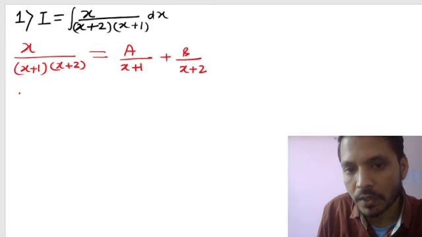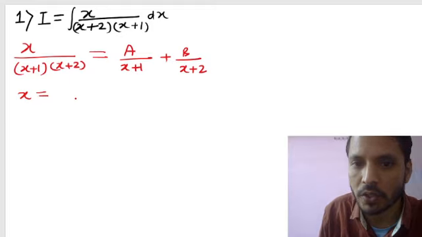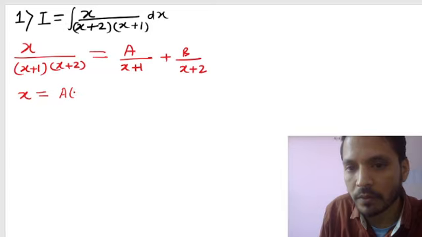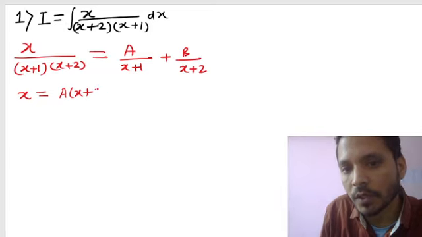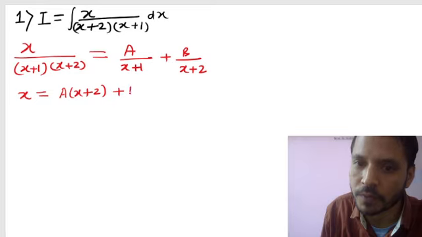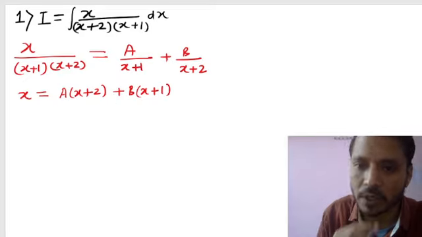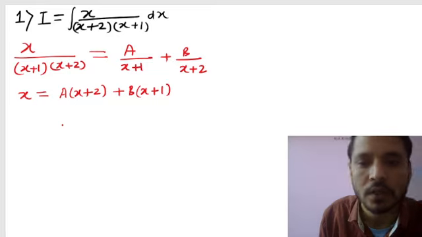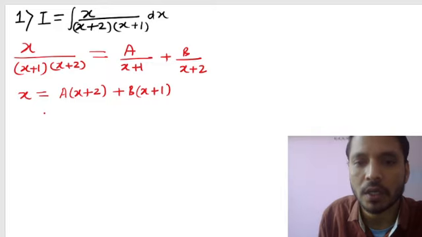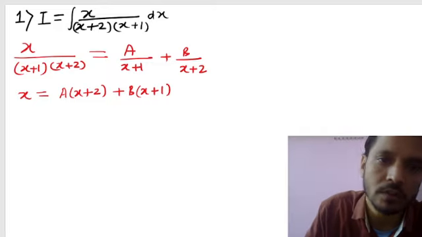This will become x, the denominator part will anyway get cancelled out after taking the LCM. So here we will have a into (x plus 2), and here we have b into (x plus 1). Here from both sides the denominator has cancelled. Now we have a different method also to approach that.